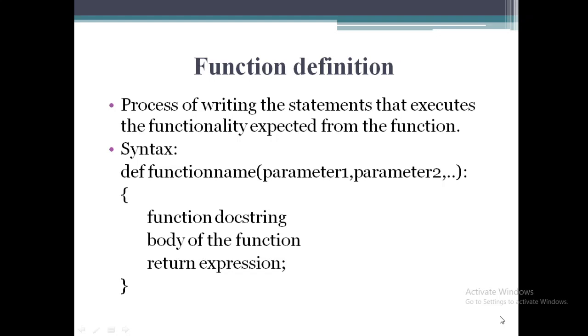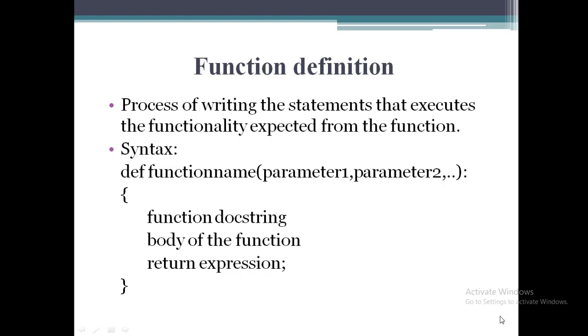In this syntax example, there are two parameters and etc. is mentioned. That means it can take 0 to n number of parameters. A function even may not take parameters. It's not an issue, right? After that, within a set of curly braces, we are mentioning three important components in the function.